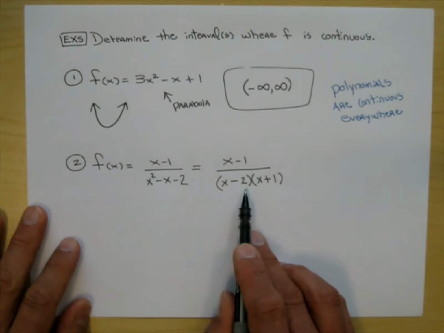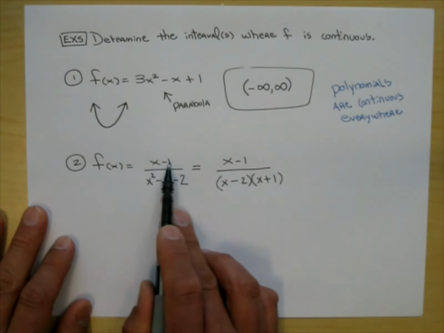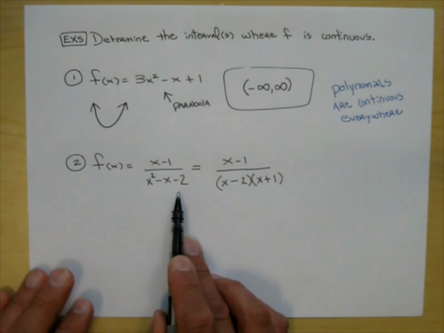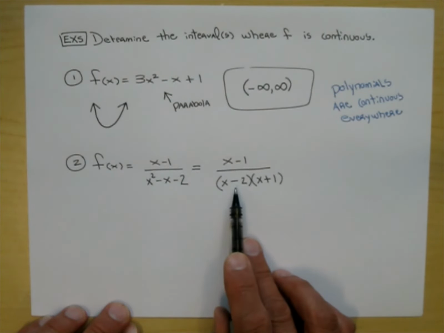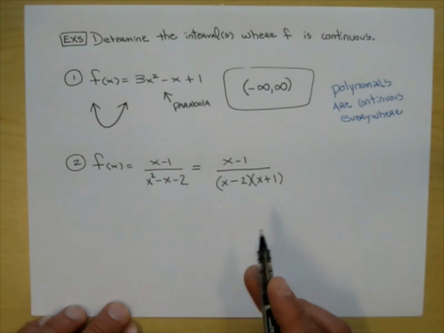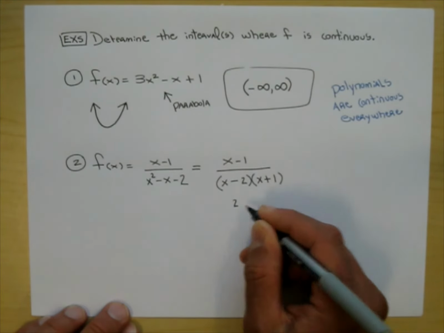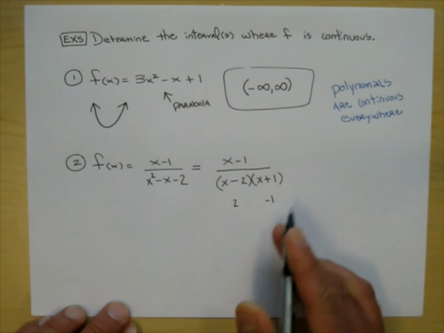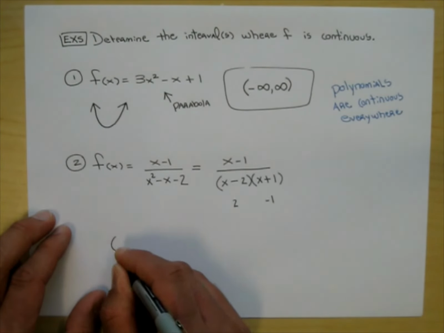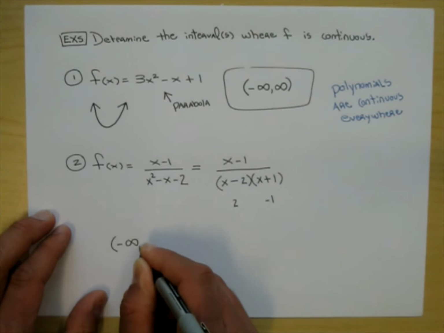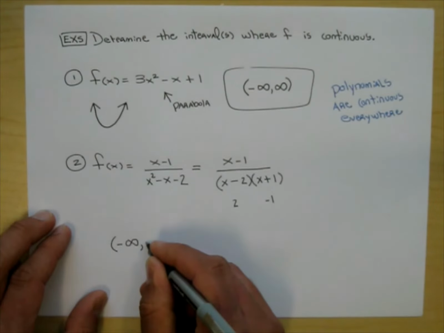So the bottom line is, this rational function is continuous everywhere except these trouble points of 2 and negative 1. So 2 and negative 1 are bad points. So how are we going to do that in interval notation? We're going to go like this. From negative infinity to negative 1.